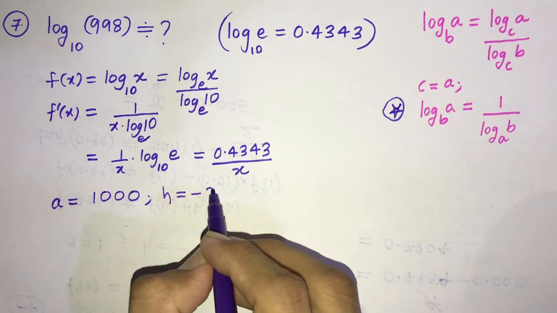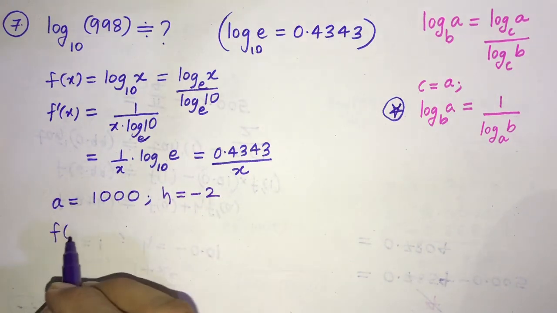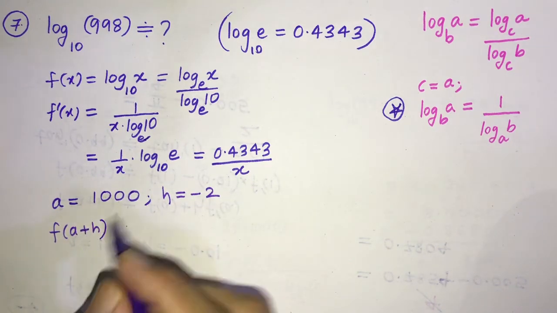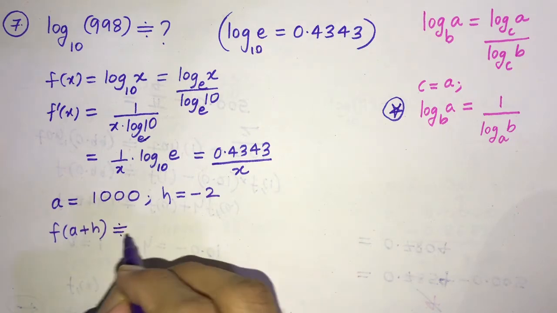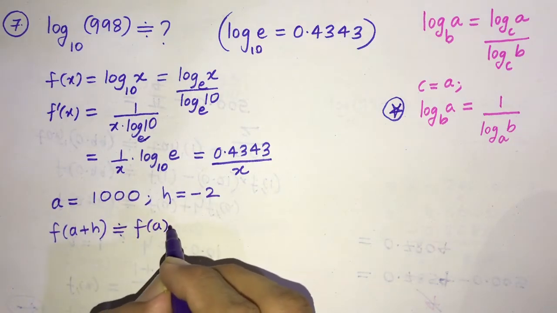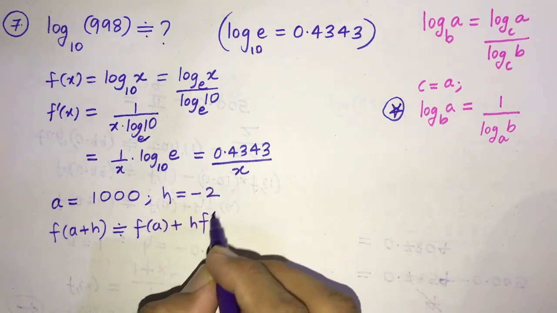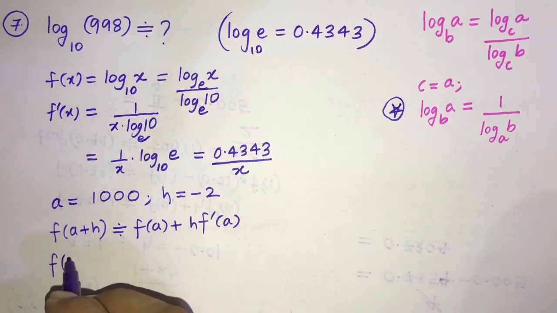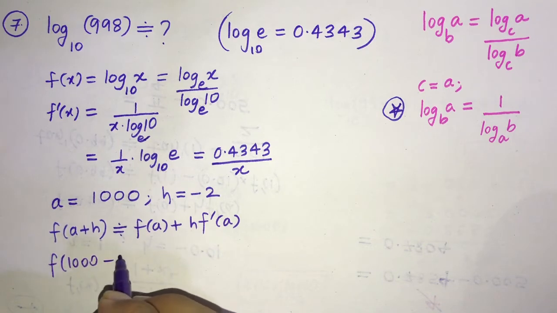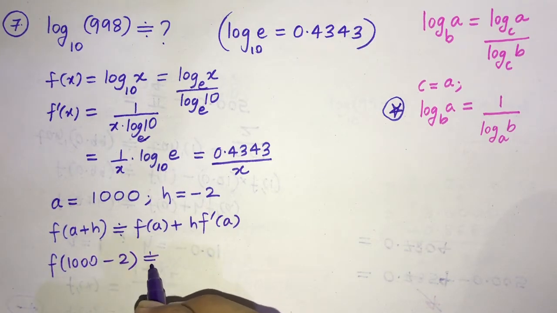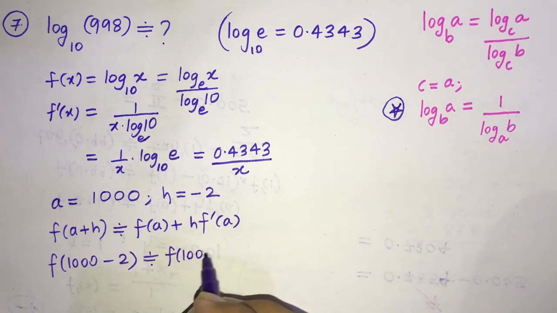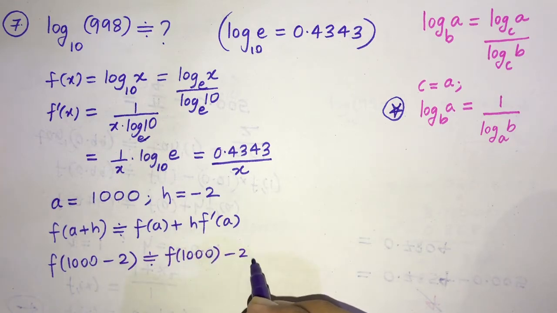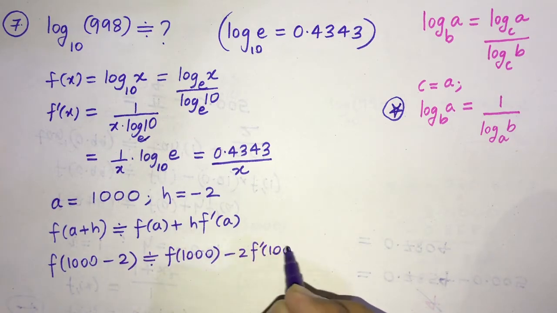H will be -2. According to the formula, f of a plus h is approximately equal to f of a plus h f dash a. So I'm going to get f of 1000 minus 2 as approximately equal to f of 1000 minus 2 f dash 1000.